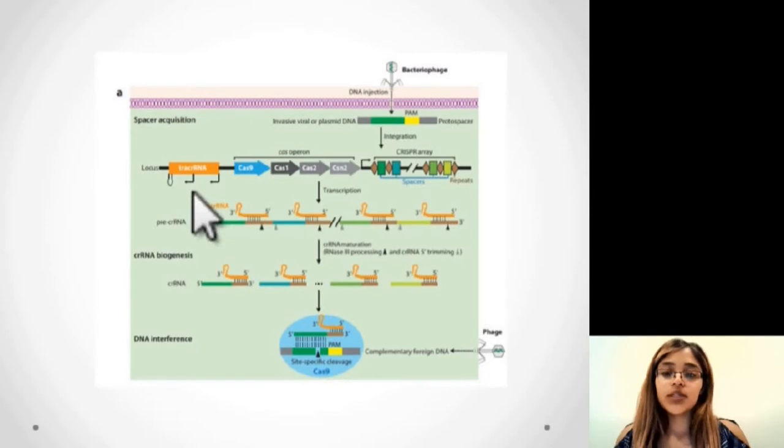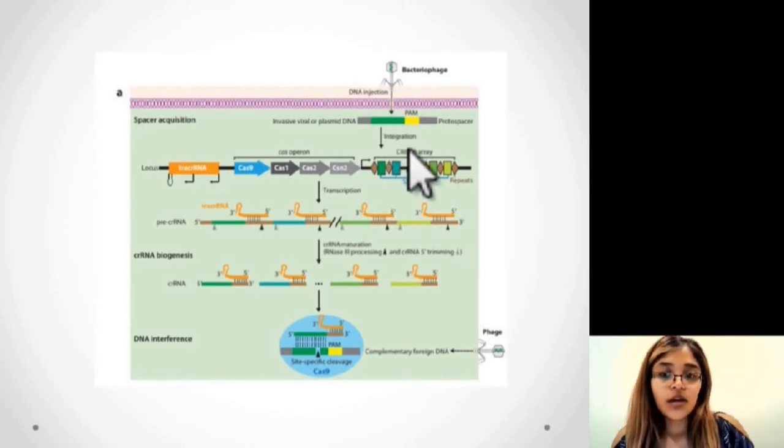But with the bacteria who have this CRISPR system, when the virus injects its genome into the bacteria, the system sends the Cas1 and Cas2 to cut this DNA sequence from the virus, and then it is incorporated into the CRISPR array.